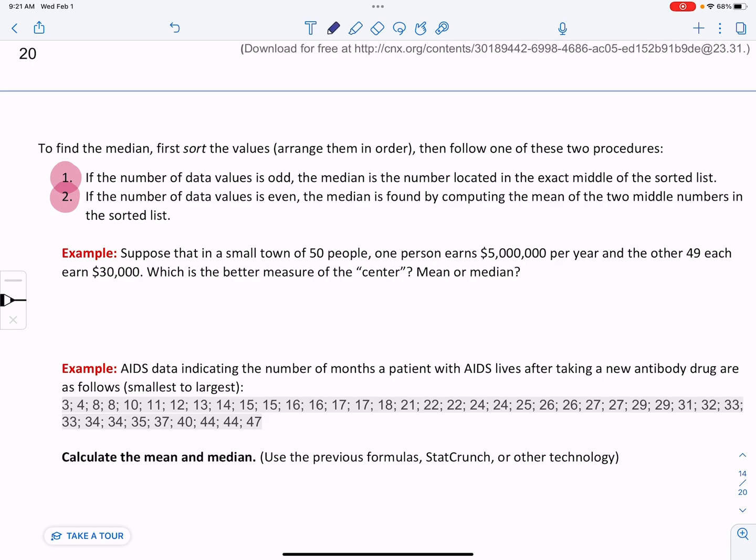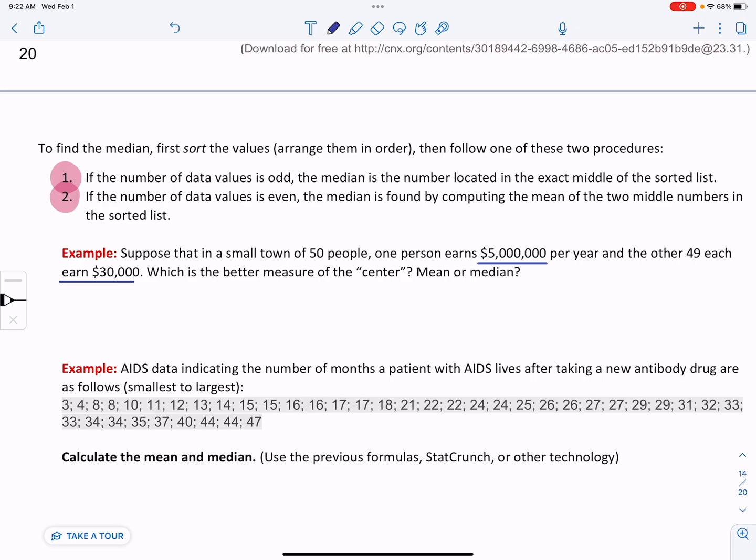Quick reminder right here, suppose that in a small town of 50 people, one person earns $5 million per year, and the other 49 each earn $30,000 per year. What is the best measure of the center, mean or median? So in other words, which value should you put more faith in?